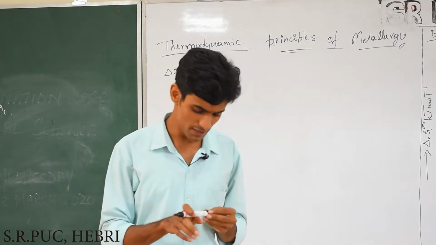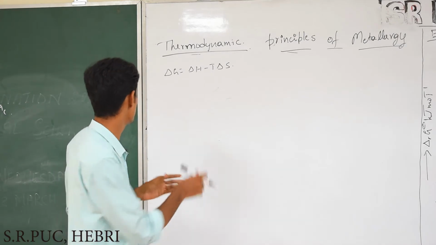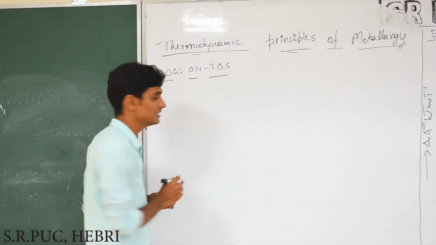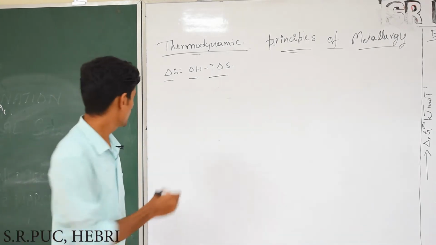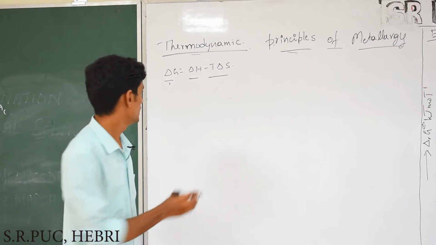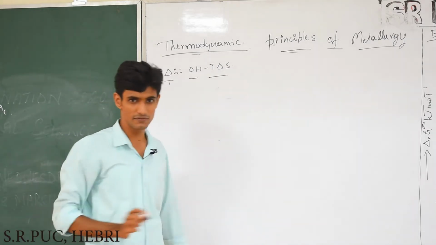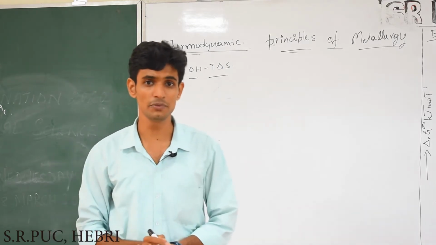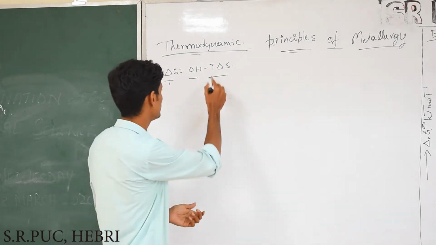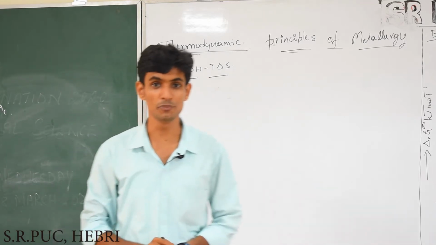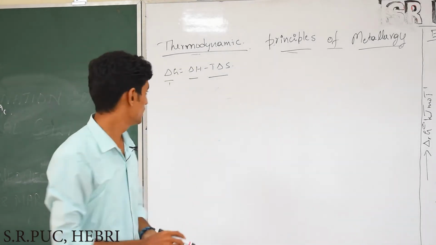In the first PUC we studied this equation, that is delta G is equal to delta H minus T delta S. Here delta G is Gibbs energy or Gibbs free energy, delta H is the change in enthalpy, T is the temperature, delta S is the change in entropy or randomness.